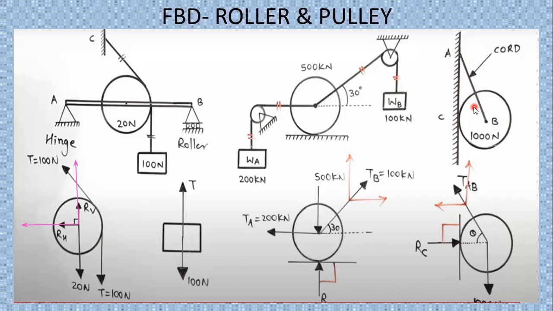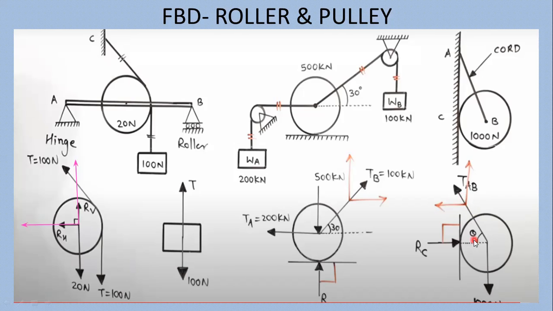Tension in the cord AB, you can split into vertical and horizontal directions, that is TABX and TABY. While solving the numerical, you have to split the forces. But in FBD, you can show only one force, that is the inclined force.